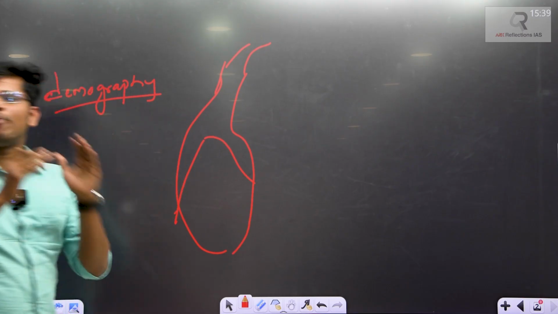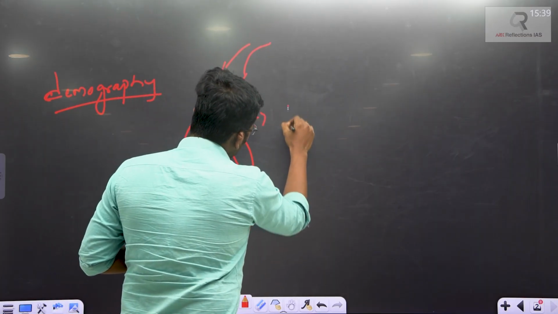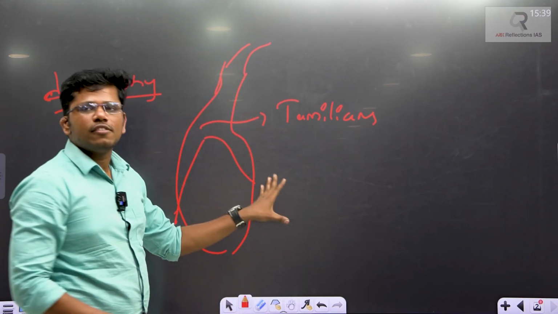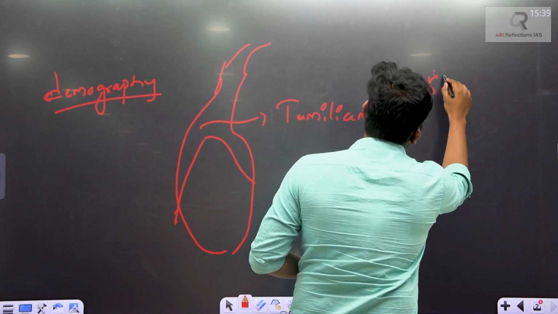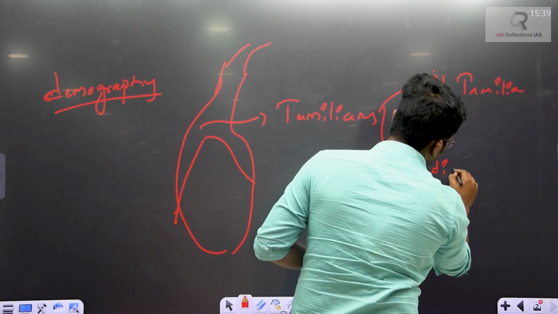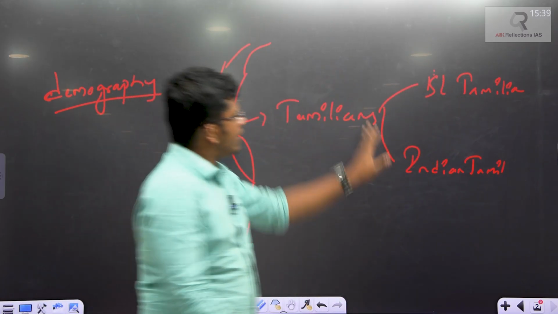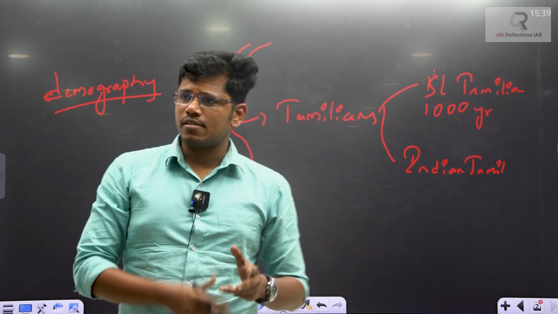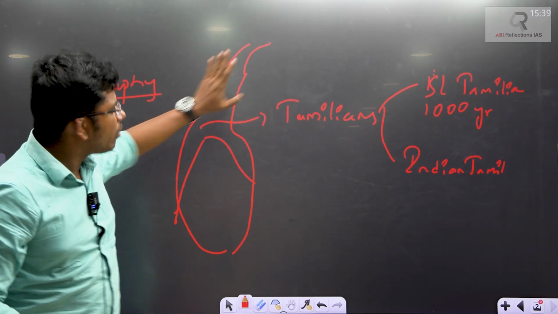So usually the northern part of Sri Lanka was populated by Tamilians. And among Tamilians also there are two types: Sri Lankan Tamilians and Indian Tamilians. The Sri Lankan Tamilians went to Sri Lanka around 1000 years back, during the time of the Chola invasions and Chola occupations.